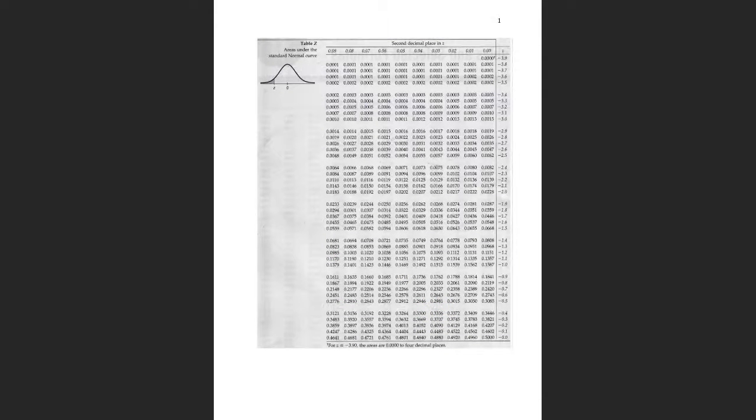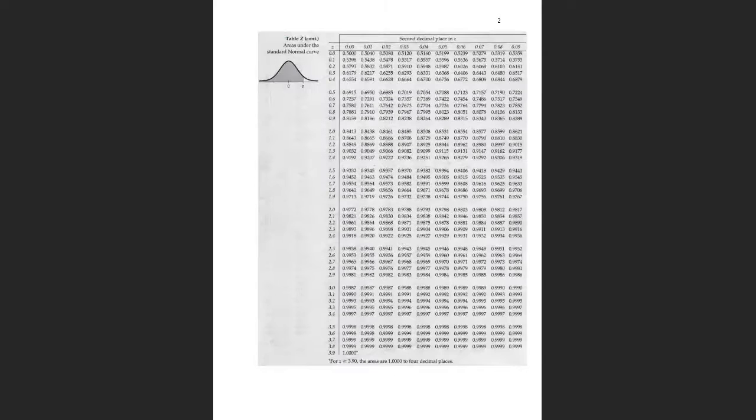So not the first page. I'm going to go to the second page because the second page has negative values. So first, my curve, let's do it again. My two values were 1.64 and 1.96, right?